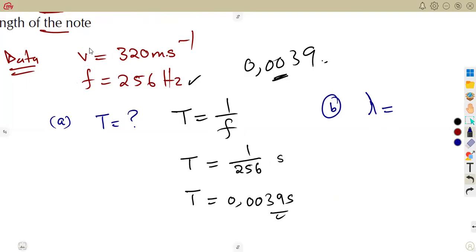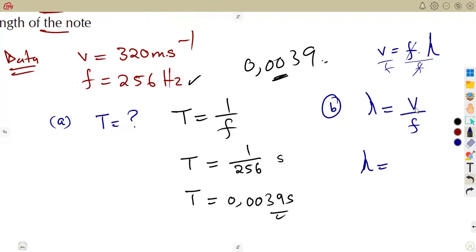Remember, V, the one that we are given here, is given as frequency times the wavelength. So if it is frequency times the wavelength, therefore we can make the wavelength the subject by dividing both sides by the frequency. So it means the wavelength is equal to the speed over the frequency. Thus we can calculate our wavelength by substituting.